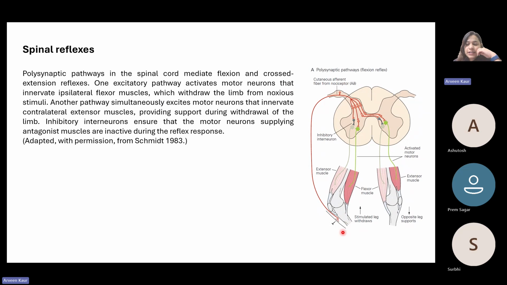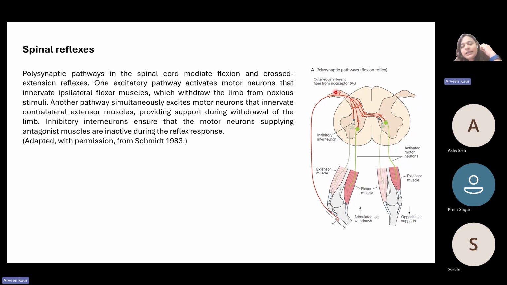Over here you can see that if there is a stimulation on one leg, right? So probably something hit you on this leg, there is a stimulation that is getting transferred from this leg to the spinal cord. So it is getting transferred by this cutaneous afferent fiber from the nociceptor, that is A delta.